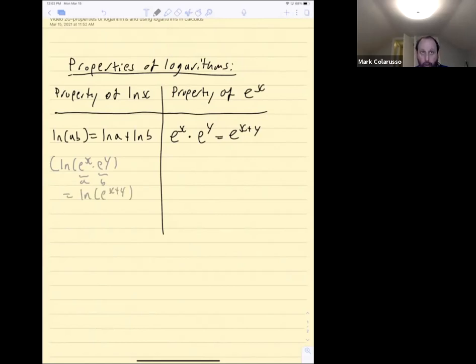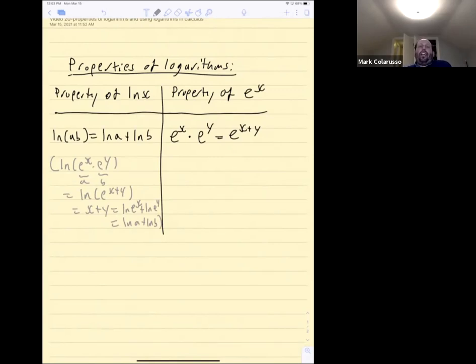And then by what we discussed in our last video, this is x plus y, but that's exactly the logarithm of e to the x plus the logarithm of e to the y, which is the logarithm of a plus the logarithm of b. So that's how you prove it in that case. So I did a little proof there.